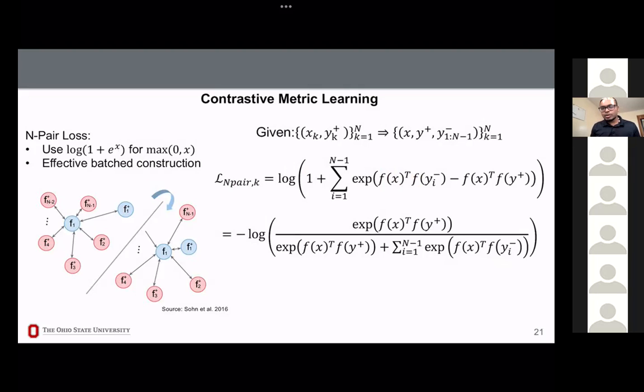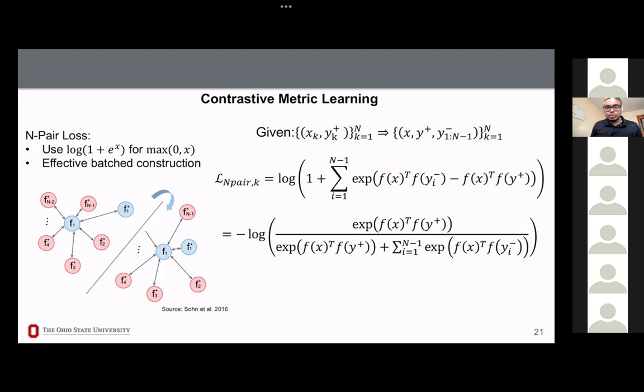It helped get rid of the margin, and I don't have an answer to why alpha was no longer needed. My knowledge is a little limited on this topic, but I bet it has to do with the shape of this softplus versus the hard max.